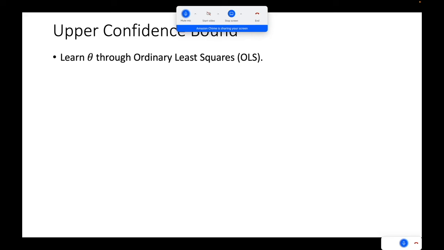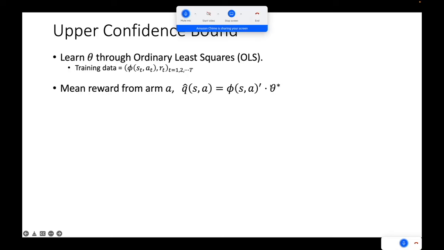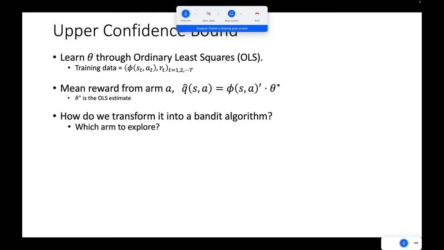Now, the way LinUCB proceeds is that we learn theta through ordinary least squares based on the data that has been collected. So we have training data of the form features and rewards, and we learn theta through squared loss. Now, once the parameter theta is known, given a context and action, I can estimate the value.